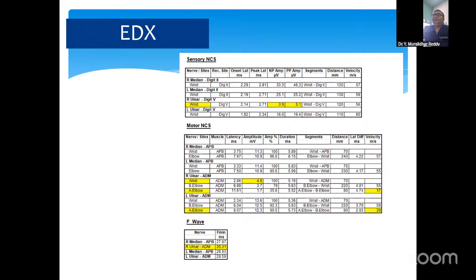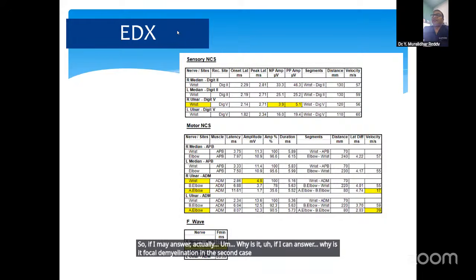There are many questions, madam. We can answer them. If I may answer, why is it focal demyelination in the second case when in both cases the pathology is the ganglion cyst?